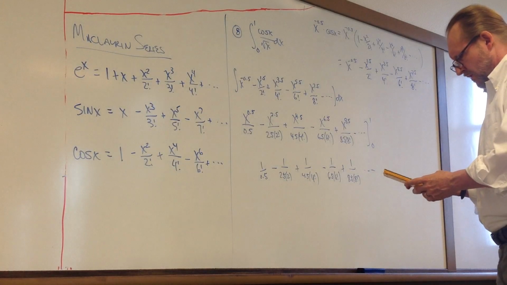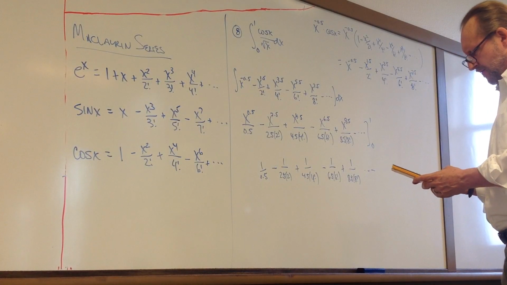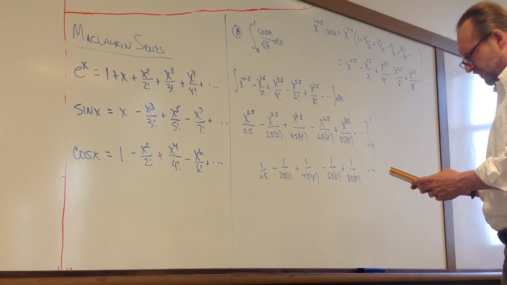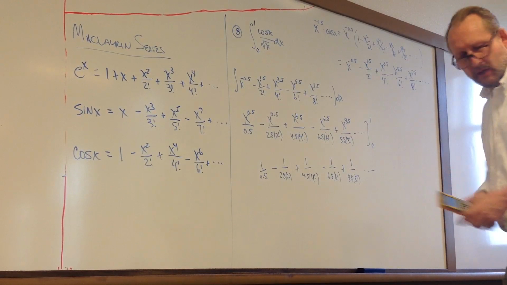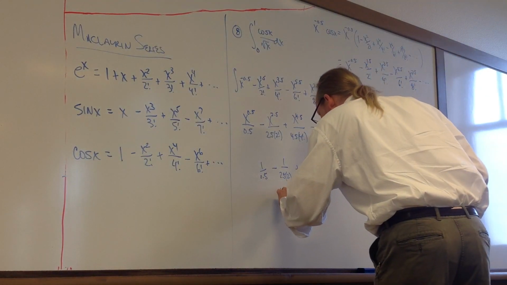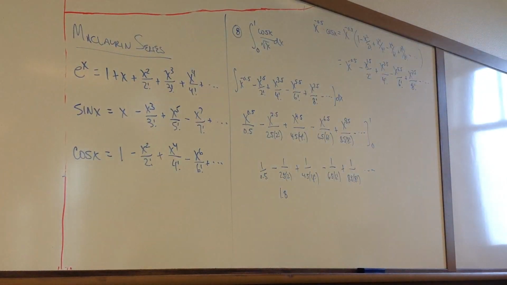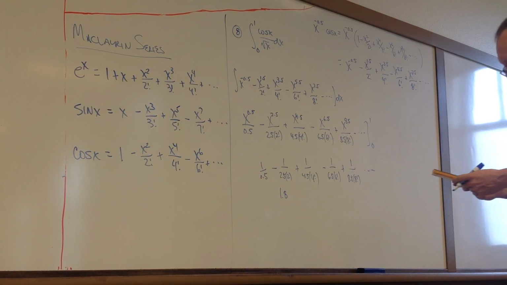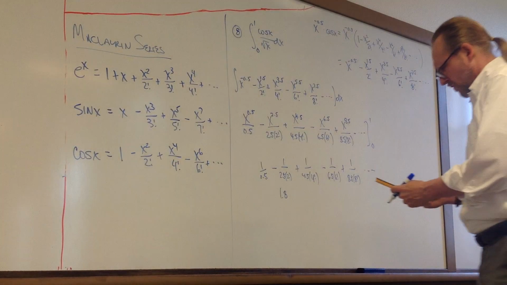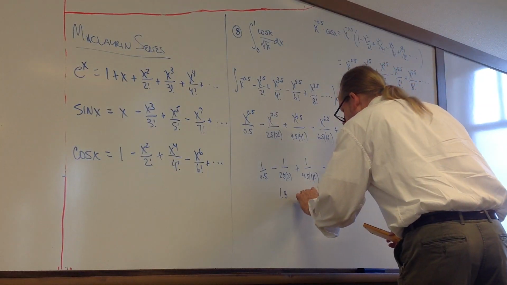Okay, so 1 divided by 0.5 minus 1 divided by parentheses 2.5 times 2. And so that starts us out with 1.8. And then the next part, plus 1 divided by parentheses 4.5 times 4 factorial, 1.80925.